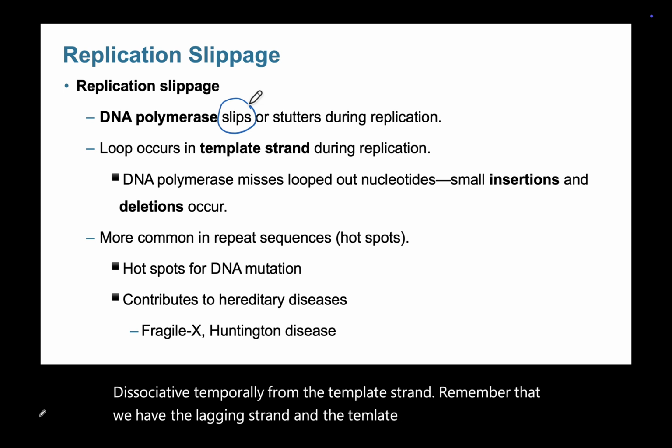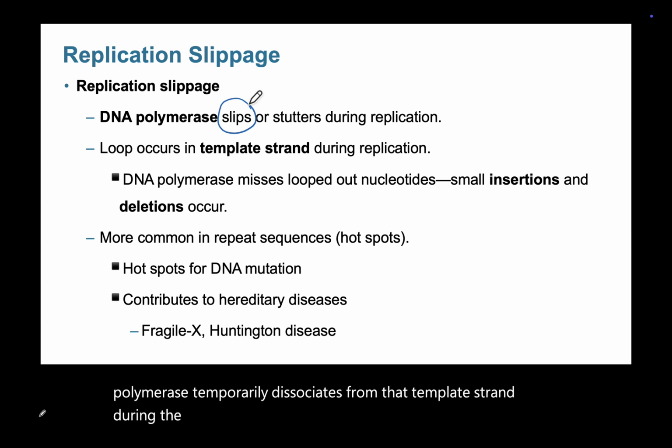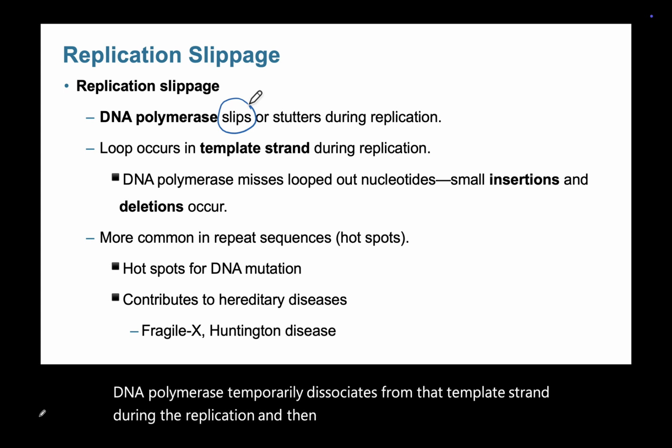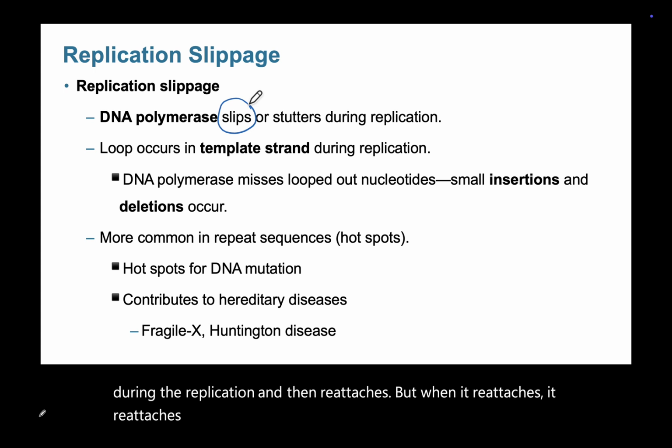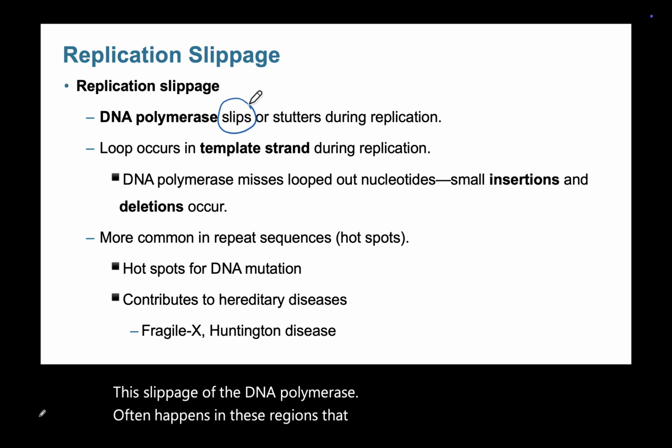So here the DNA polymerase temporarily dissociates from that template strand during the replication and then reattaches. But when it reattaches incorrectly. Here, this slippage of the DNA polymerase often happens in these regions that we call hotspots.